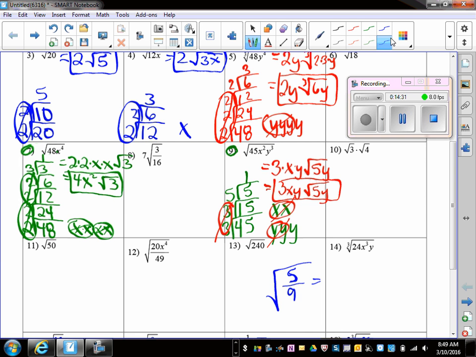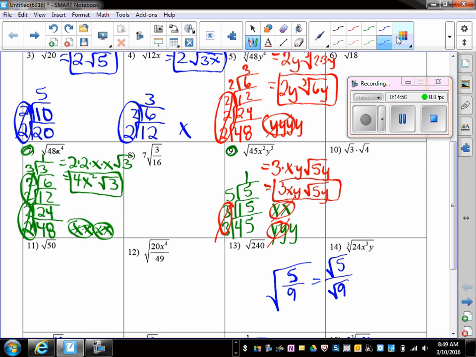We can divide, but can I divide 5 by 9? No. It's a decimal, right? Aubrey, what do we do? It's not times, but we do break it up over that division. That's what we learned last class. That was the front of our notes. It breaks up square root of the top over square root of the bottom.